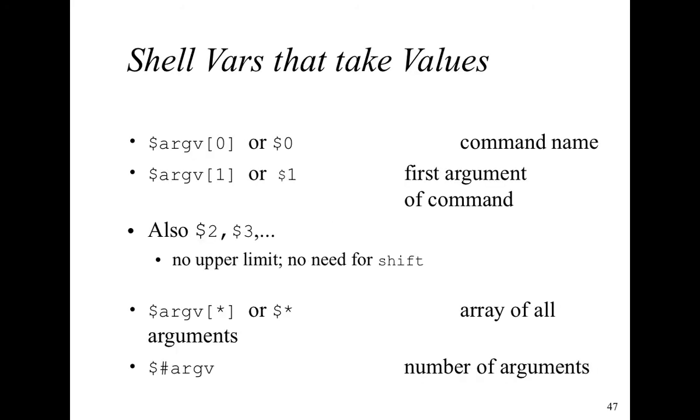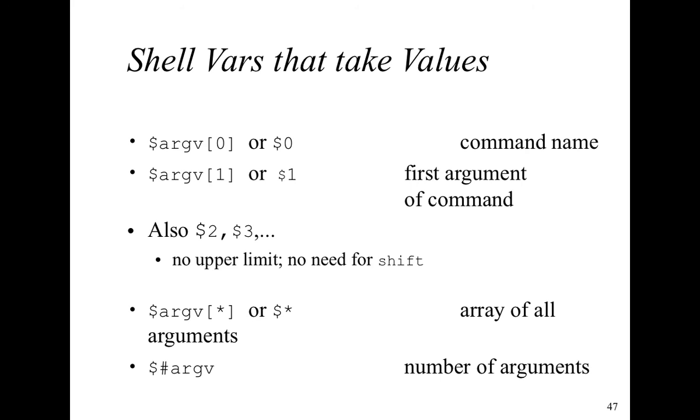Shell variables that take values look like this: with the command name, argument 0, or $0, argument 1, or $1, the first element of the argument. So also 2, 3, no upper limit, no need for shifting or anything. Or the arrays: there are some examples of the arrays that take values or arguments.